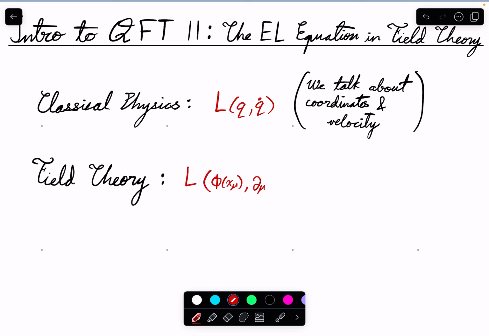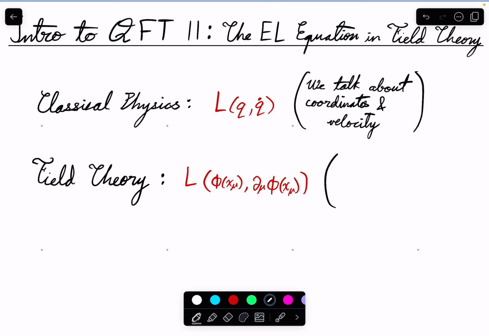And then instead of the derivative with respect to time, we have just the full gradient. So instead of only considering time, like in here, we consider the derivative with respect to every coordinate.